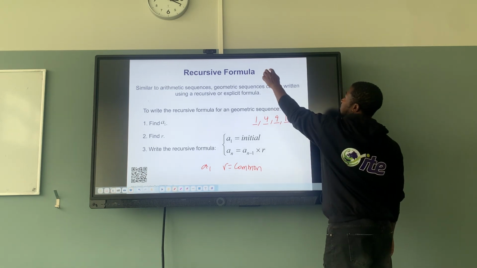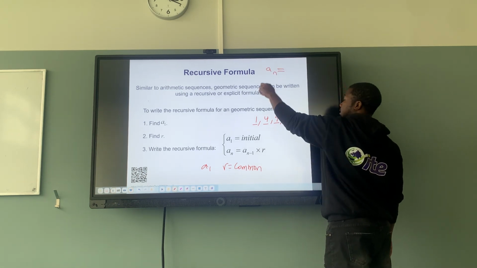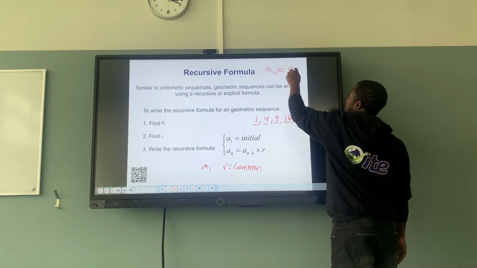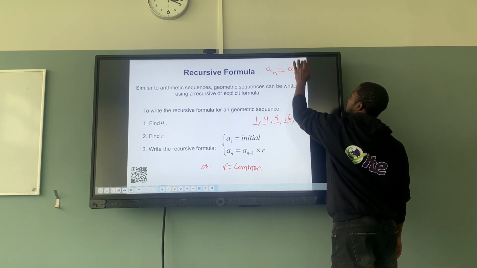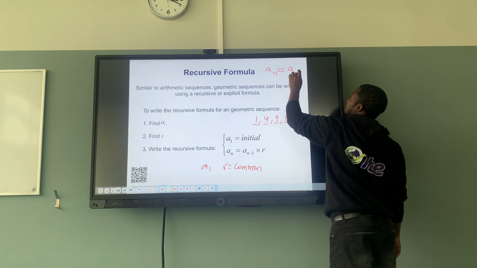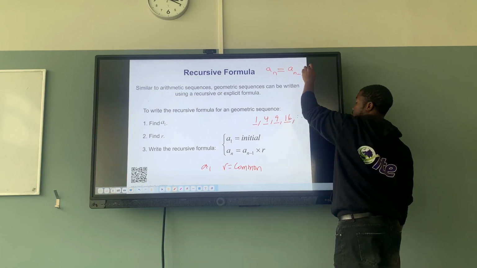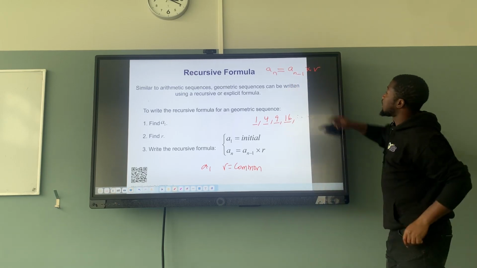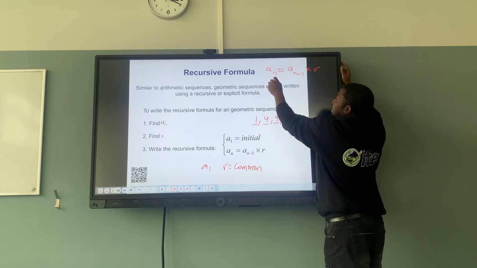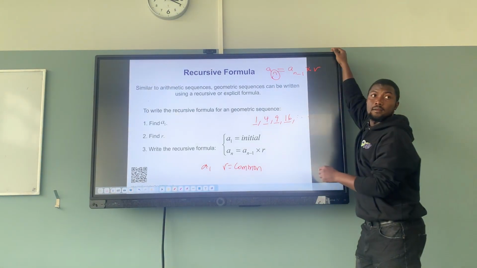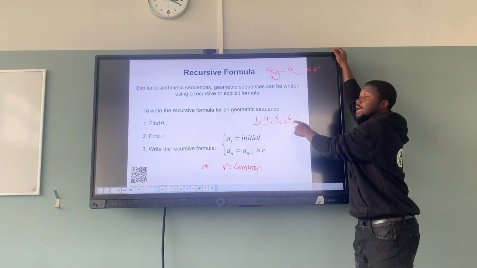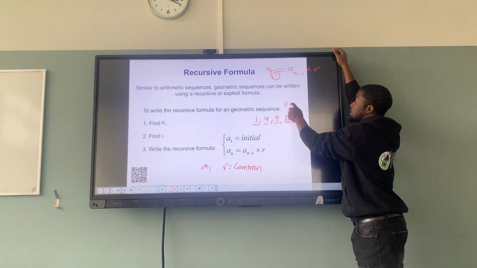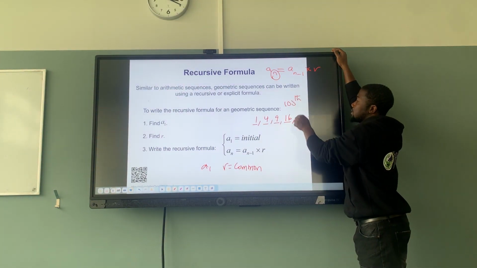So, to get the n term, a sub n is equal to a sub n minus 1 times r. Now, if n is 100, like I said, find the 100th term of this sequence.